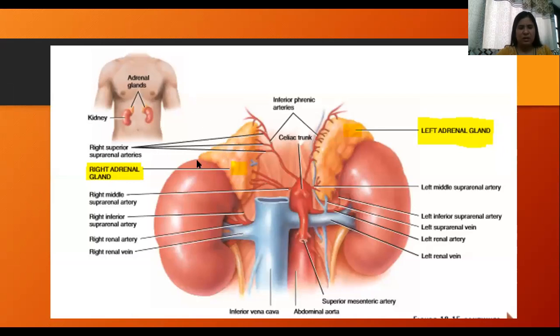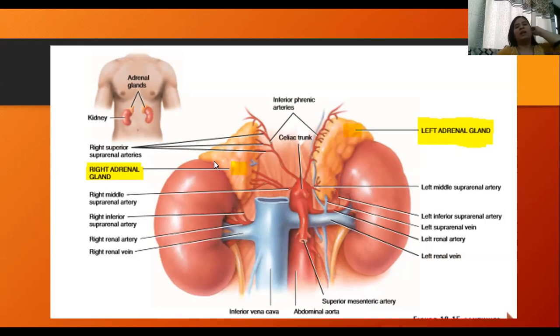As you can see, they are present on the superior aspect of the kidneys. This is your right kidney and this is the left kidney. The left kidney is slightly up and the right kidney is slightly down due to the presence of the liver on the right side.